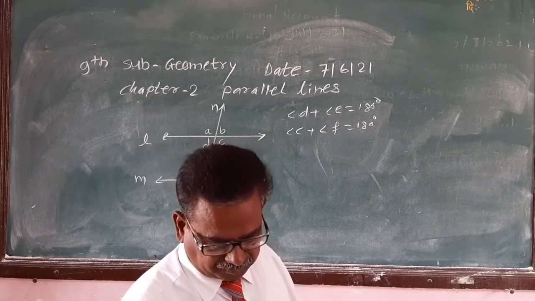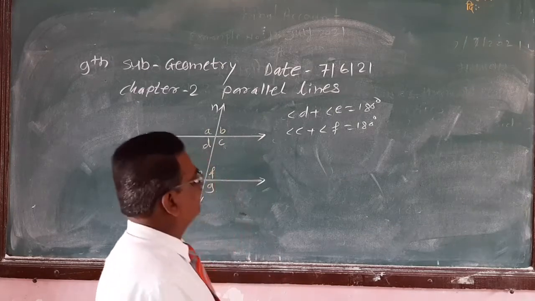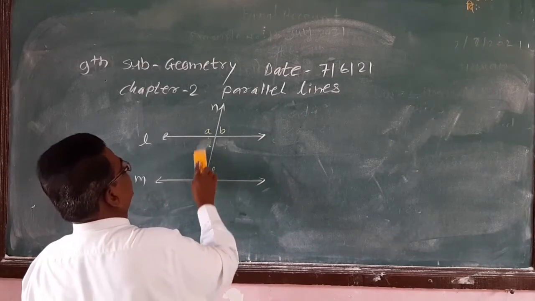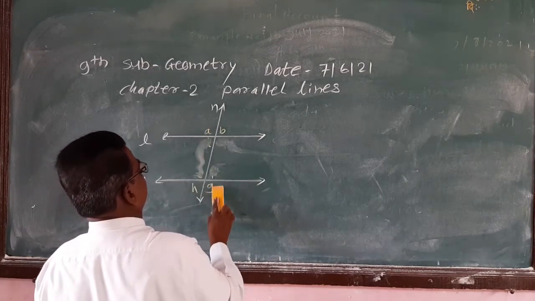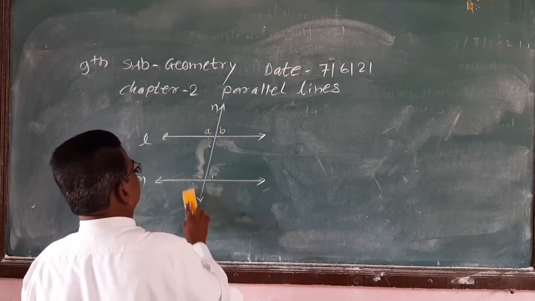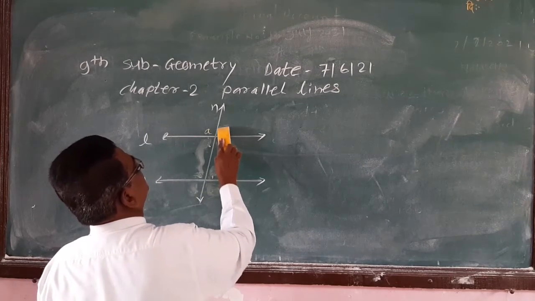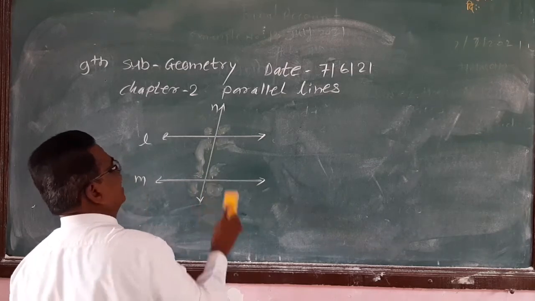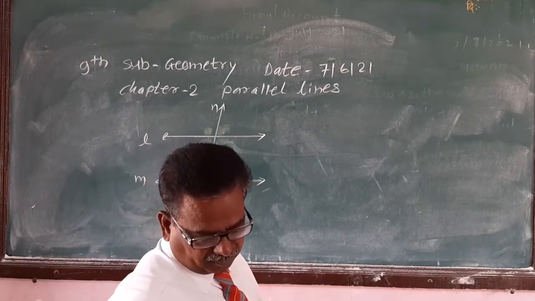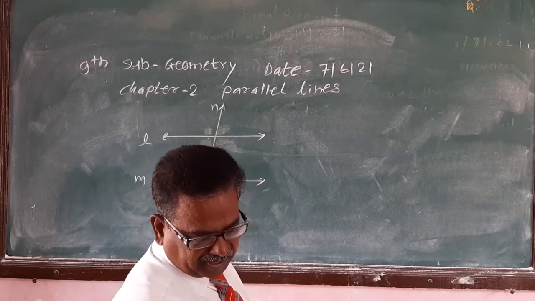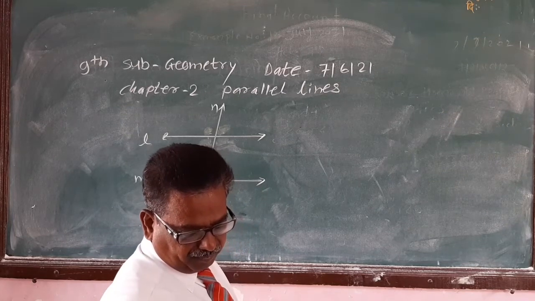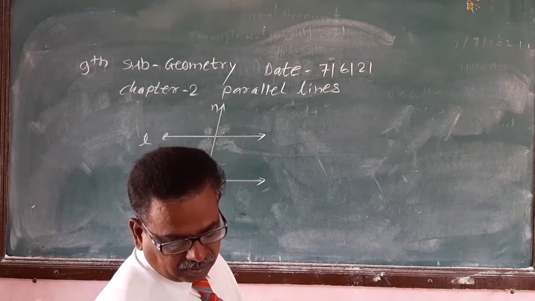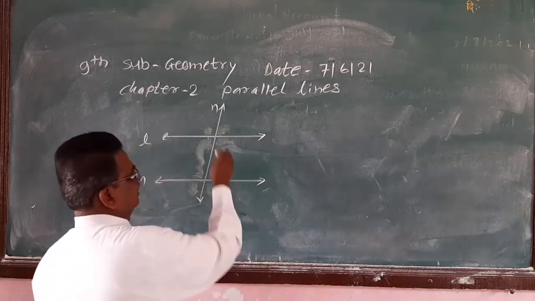Now, theorem for corresponding angles. If a transversal intersects two parallel lines, then the angles made by them, means corresponding angles, are congruent to each other.